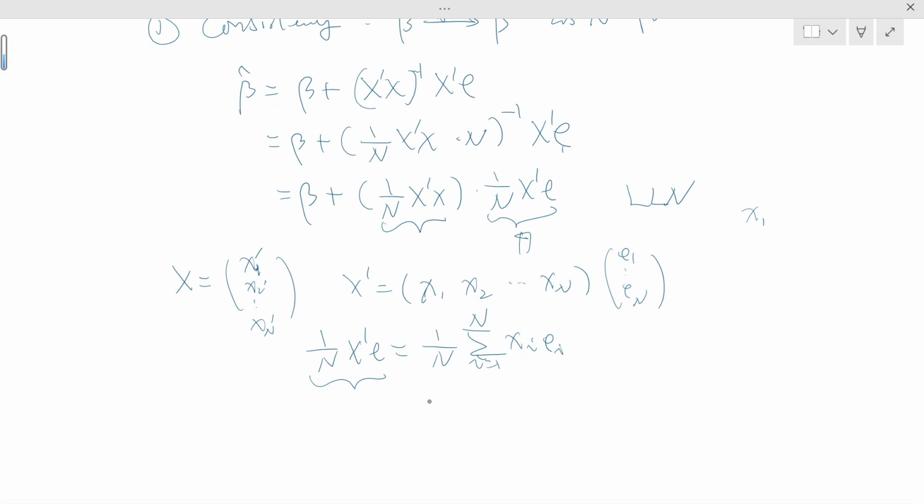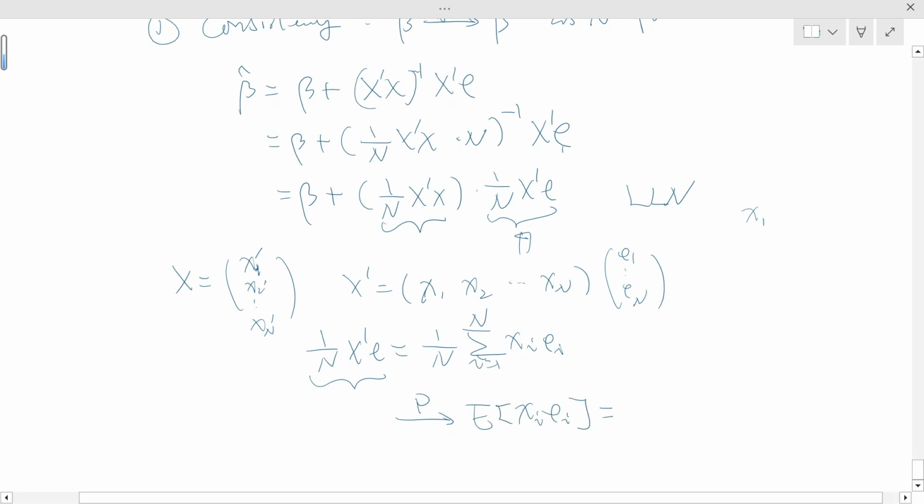The law of large numbers says that this converges in probability to its mean, and by the law of iterated expectation, we can show that this is equal to the expectation where we pull this xi out.